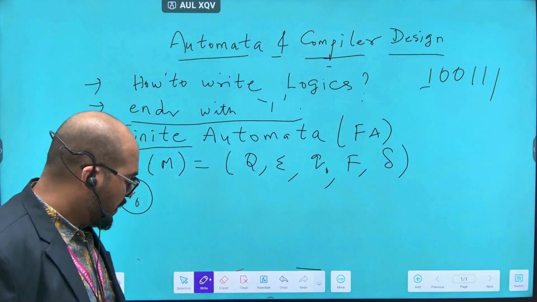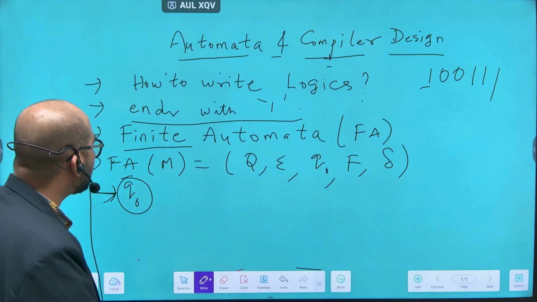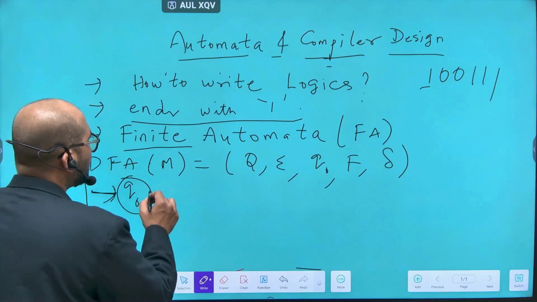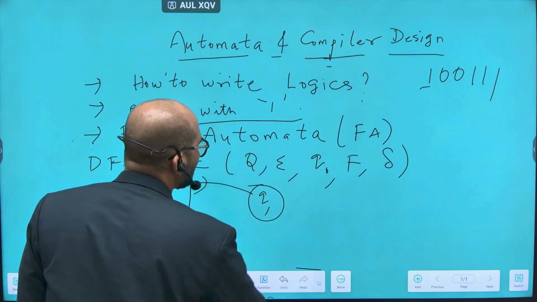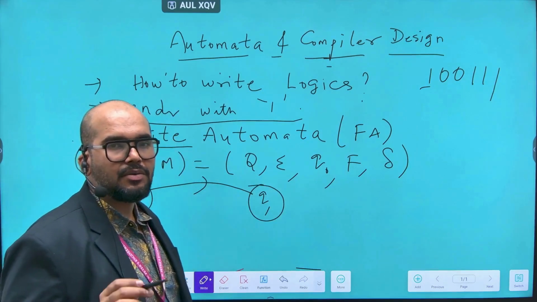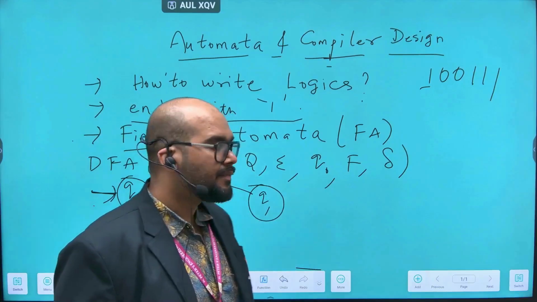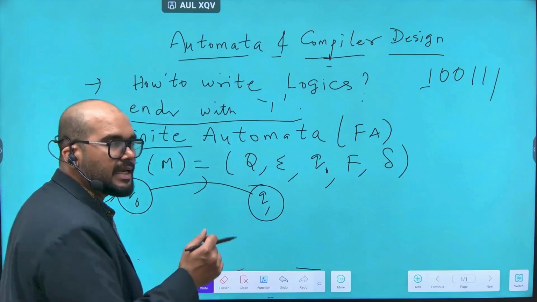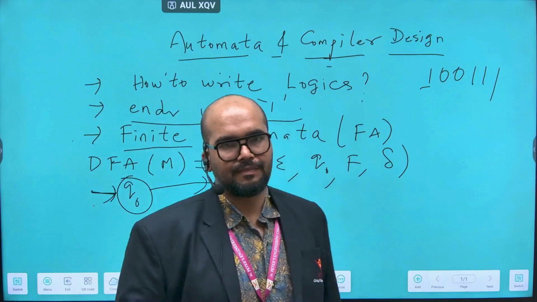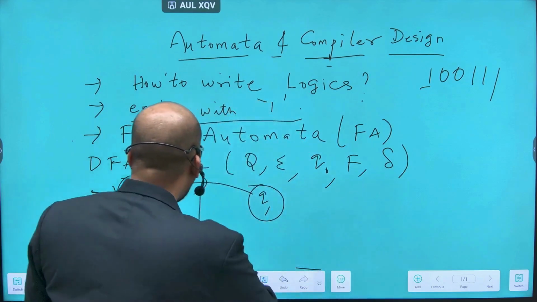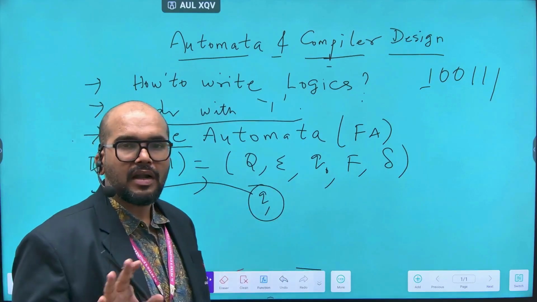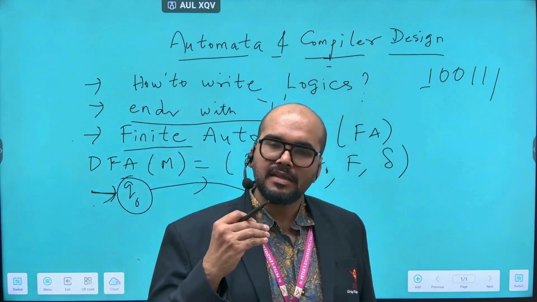Now with this input symbol, let the machine move to the next state q1. Try to remember that each state is a kind of level. So q0 and q1 are not different; they are the same state.